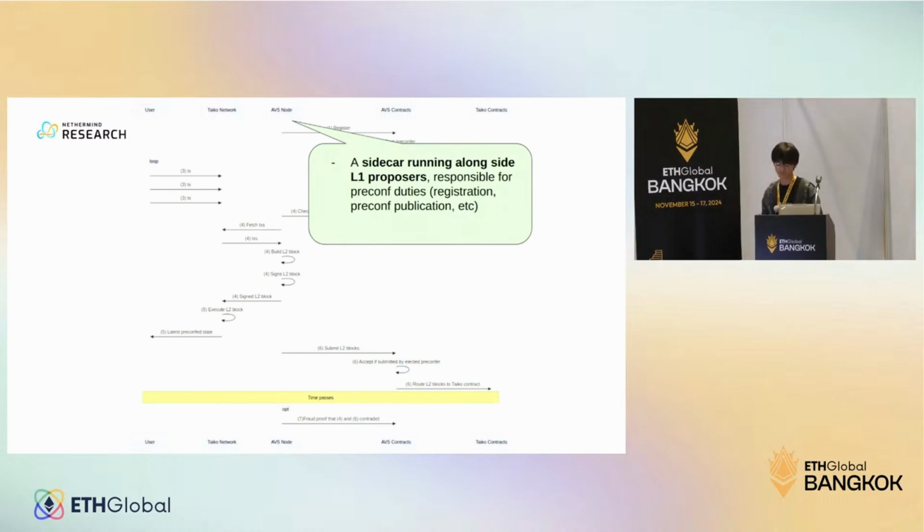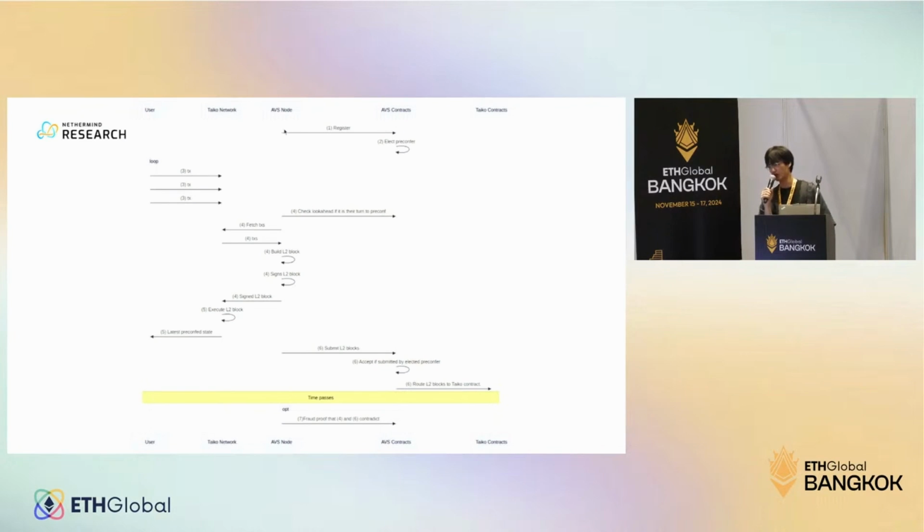The AVS node, or the L1 proposer, will check whether they are registered and whether they are the next proposer. This part is going to be repeated every 3 seconds during the 12-second window.